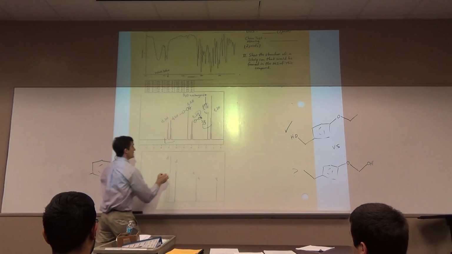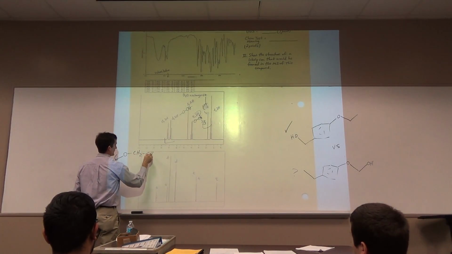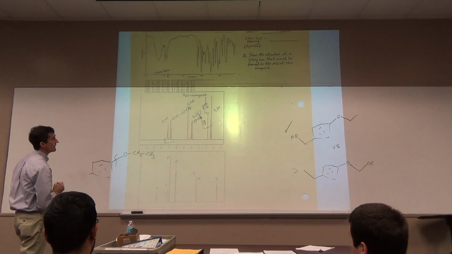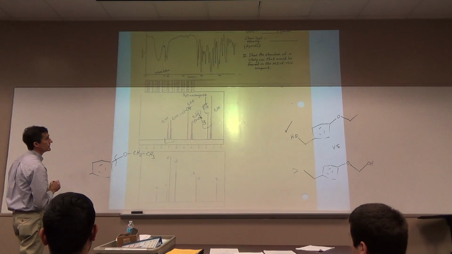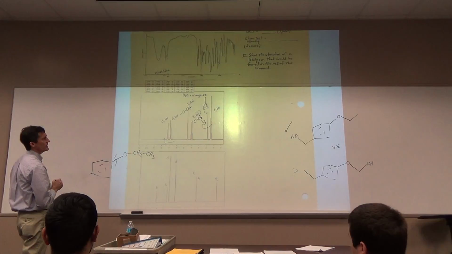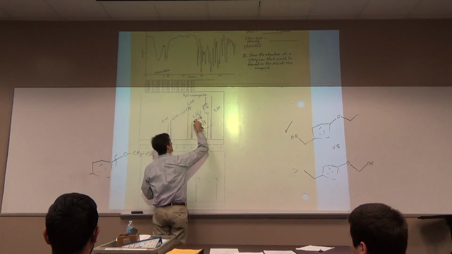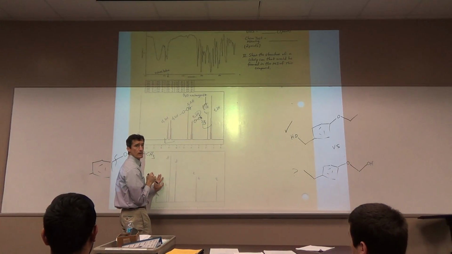Well, you only got 2 others, so one of them has to be that fragment. Okay? Hold on. How many oxygens in the formula? 2. 2? I've got 3 oxygens up here. So one of those is a repeat.